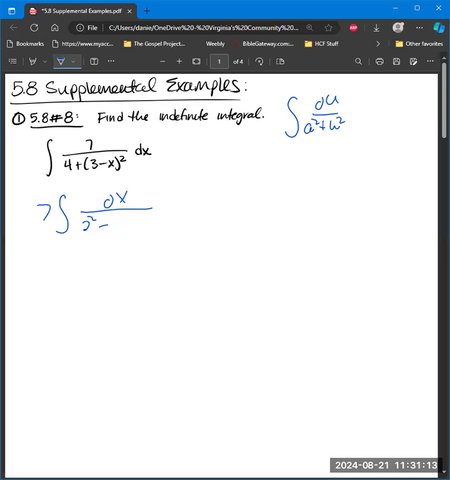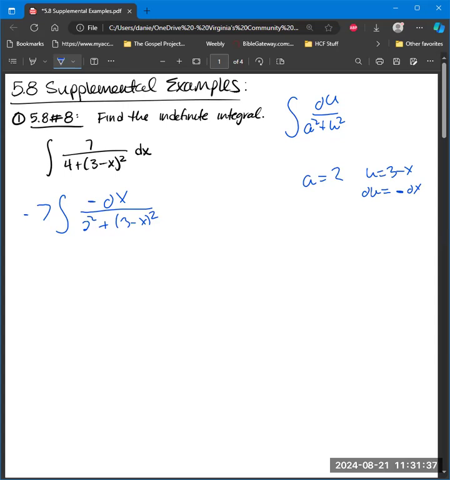This is 2 squared plus (3 minus x) squared, where a is equal to 2, u is equal to 3 minus x, and du is going to be equal to negative dx.